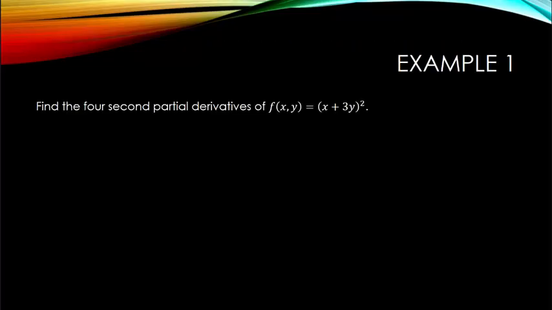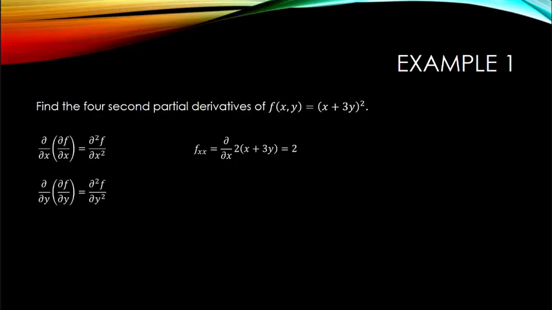Let's work an example. I want to find the 4 second partial derivatives of f of xy, which is equal to the quantity x plus 3y squared. I'm going to take the partial derivative with respect to x of the partial derivative with respect to x of f, which will give me d squared f dx squared. fxx in this case becomes the partial with respect to x of 2 times x plus 3y, which is equal to 2.